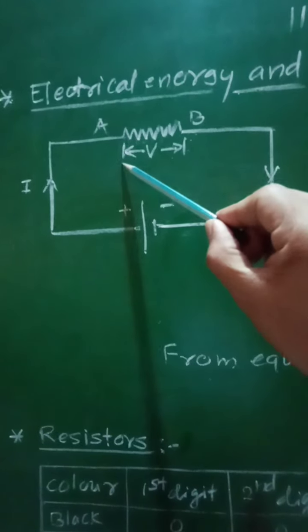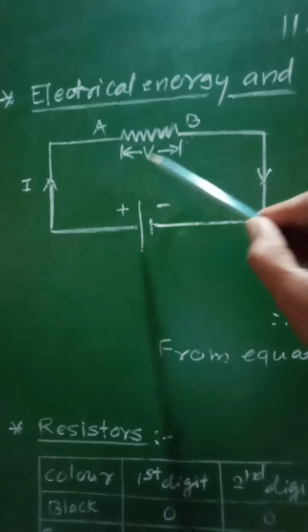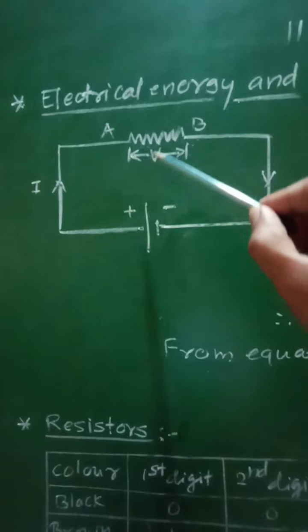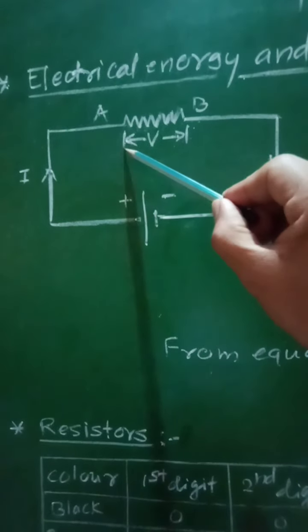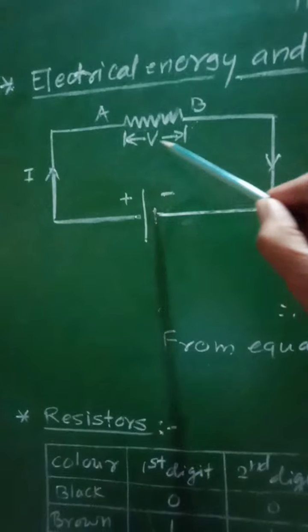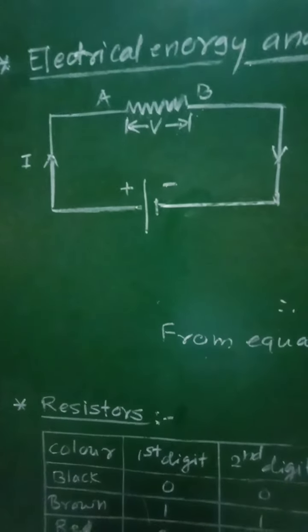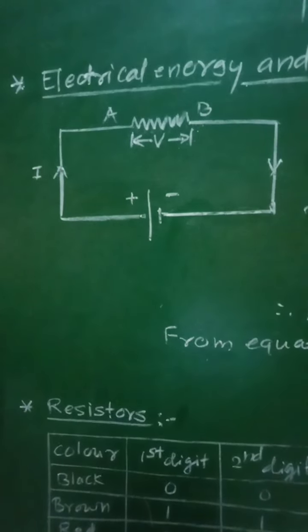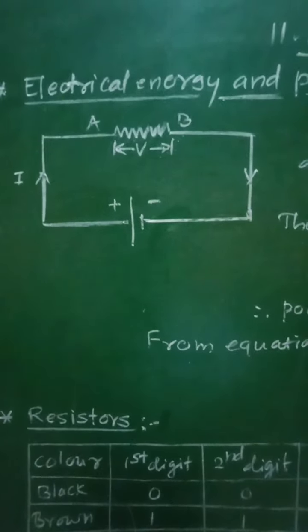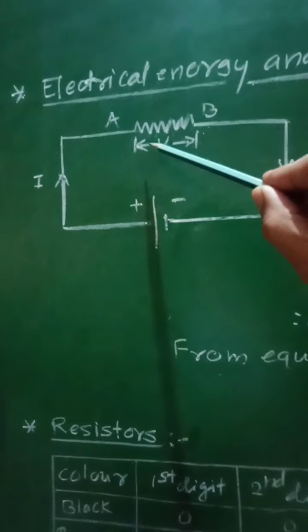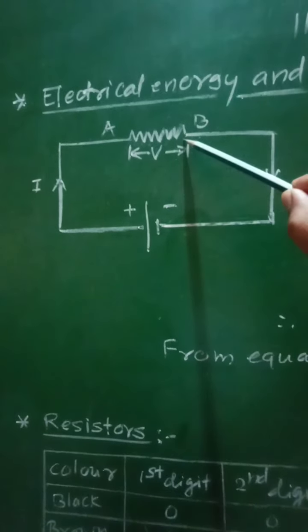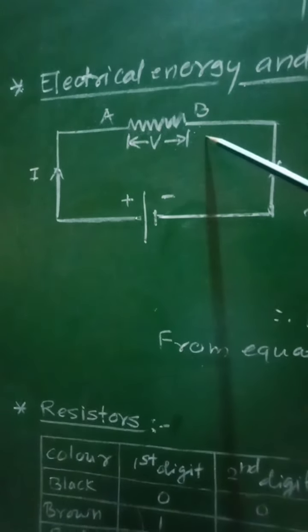So as soon as current is passed through this resistor, this cell will maintain a potential difference of phi volt between the two ends of that resistance, that is A and B, and hence point A is considered as the point of higher potential, B as the point of lower potential.